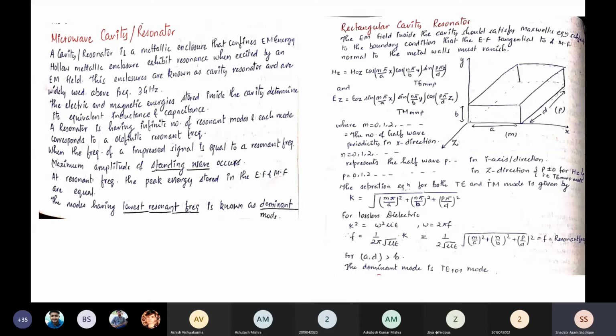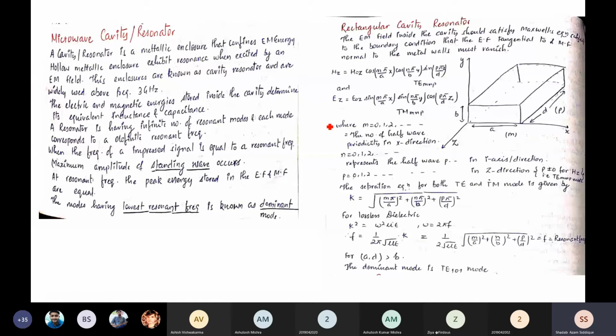The cavity resonator is quite similar to the rectangular waveguide or circular waveguide which we have seen, but subject to the condition that it is confined in the z direction. So its name is cavity.